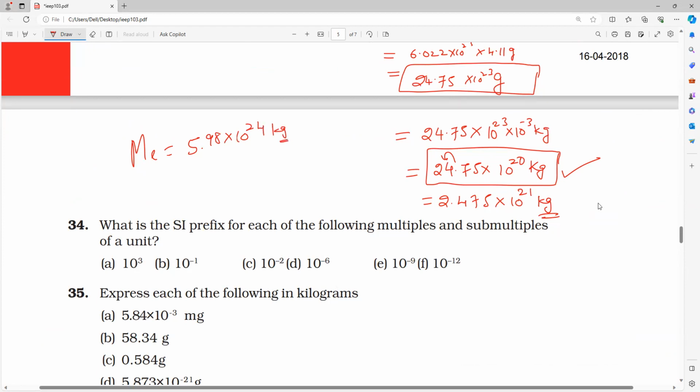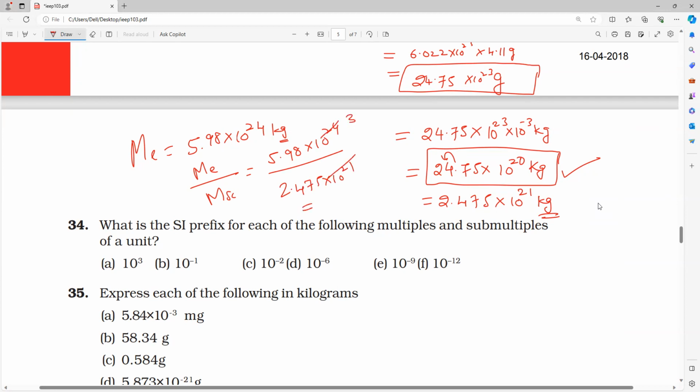Now they are asking to compare. Compare means you have to take the ratio. So mass of the earth divided by mass of the screws. Mass of the earth is 5.98 into 10 power 24, and mass of the screws is 2.475 into 10 power 21. So 21 cancels, and 3 is remaining.